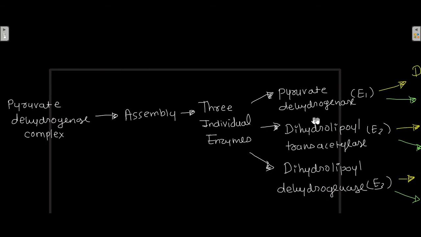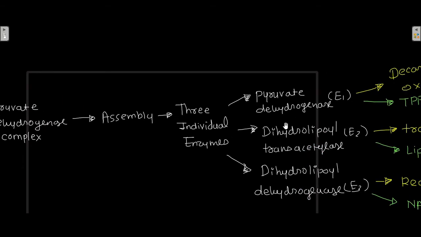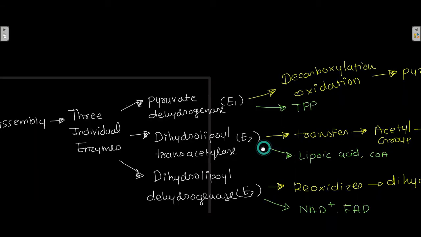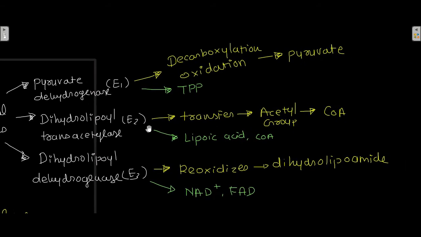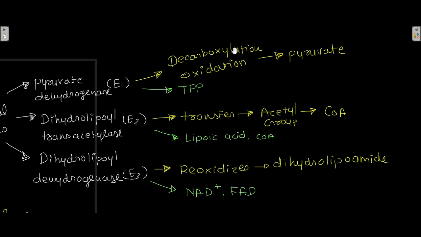Now let's see the function of these three individual enzymes. We start with pyruvate dehydrogenase E1. This pyruvate dehydrogenase causes the decarboxylation and oxidation of pyruvate, and it requires TPP as a cofactor.